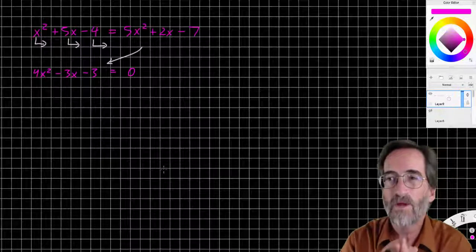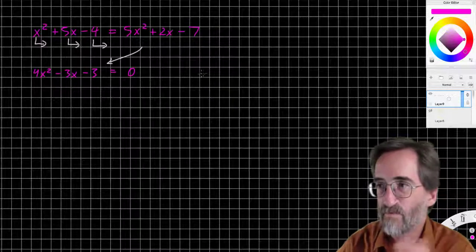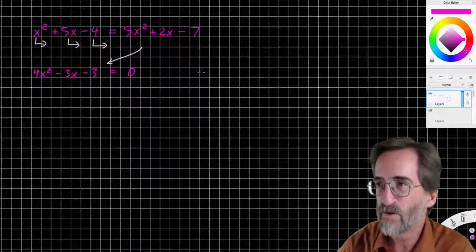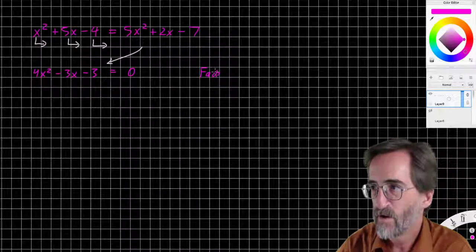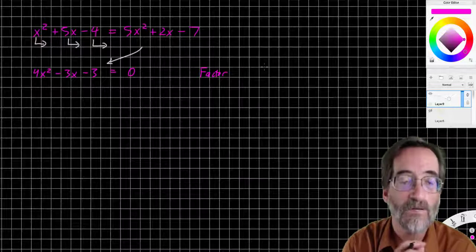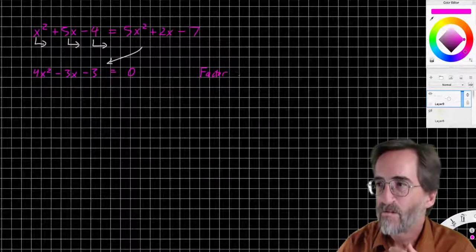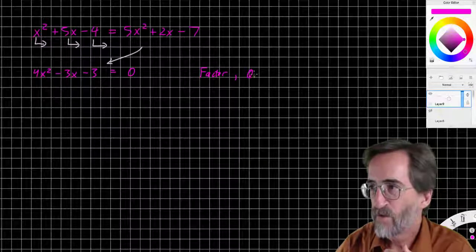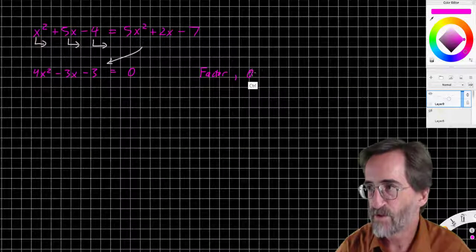So now we have a choice. There are generally three approaches, well, there's more, but three. Factoring. You spend a lot of time learning to factor in Algebra 1 and Algebra 2. Factor. Quadratic formula. And actually I'm going to insert this other technique in the middle.